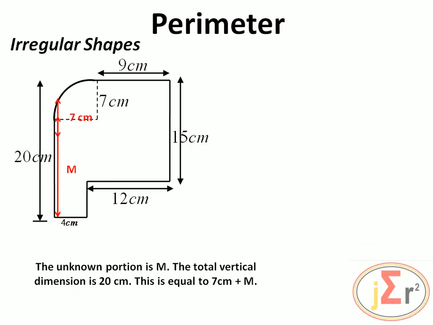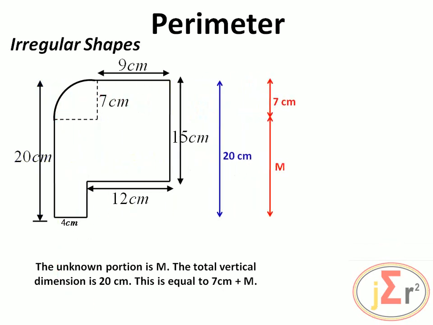Therefore, we have the two of them together, and that is equal to 20. So what is the other part equal to? M is equal to 20 minus 7, because we are just solving that linear equation. So M is equal to 13 centimeters.